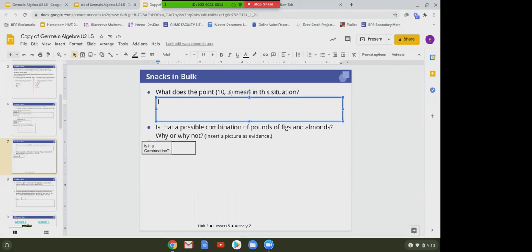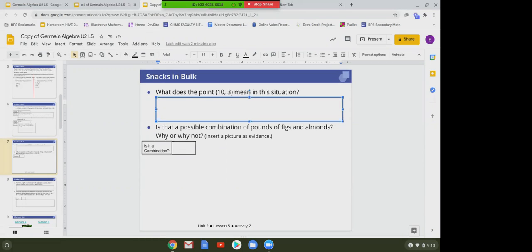And I want you to figure out, is it a possible combination of figs and almonds? Why or why not? And I want you to insert a picture of you solving it for the evidence there. So I want you to take 2 minutes right now to answer both of these questions. What does 10, 3 mean in this situation? And is it a possible combination of figs and almonds?